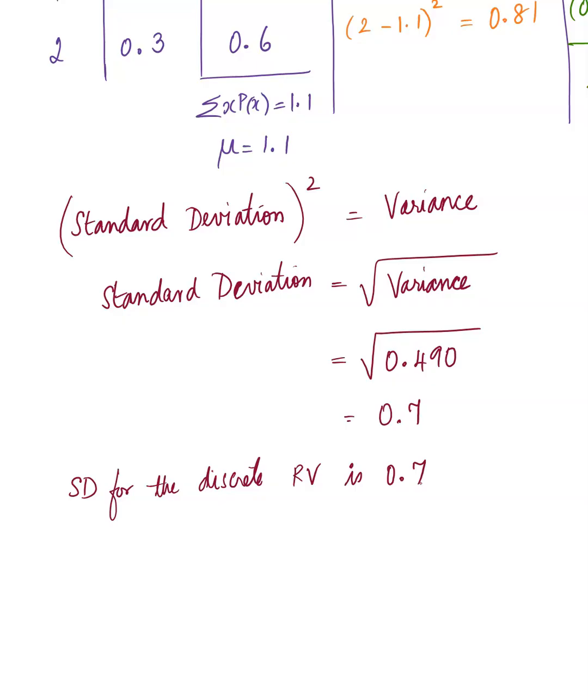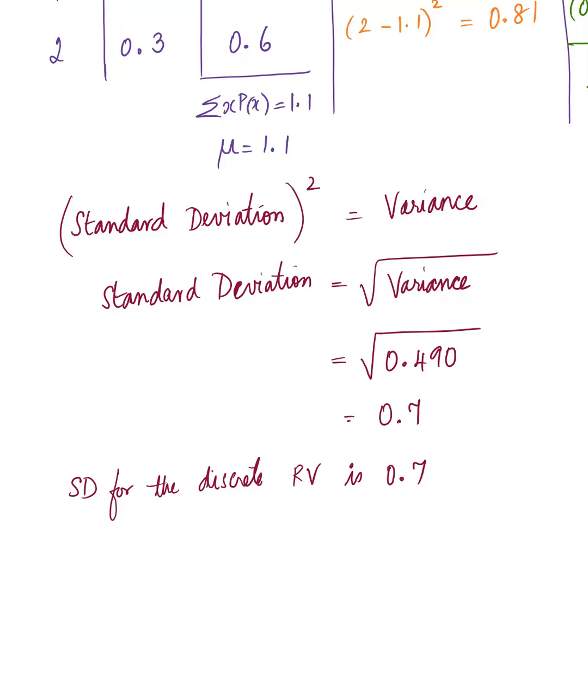Okay, so it's 0.7 number of days per week. That will deviate from the mean, which is 1.1. So it will be up or down from this 1.1, which is the mean, by 0.7. Okay, so their spread can be 0.7 in either direction, above 1.1 by 0.7 or below 1.1 by 0.7.